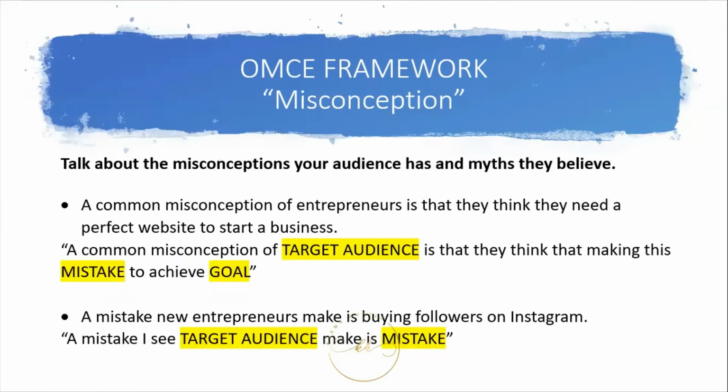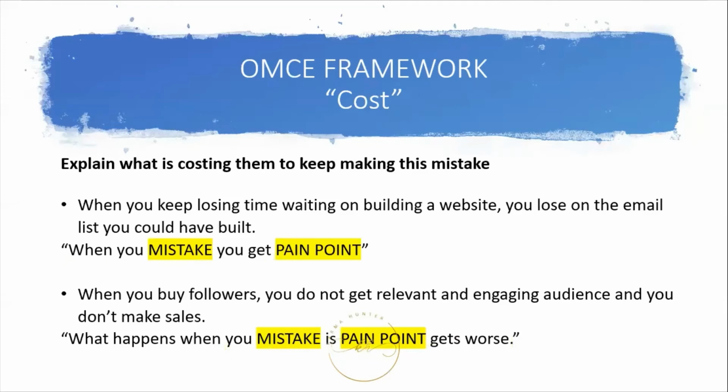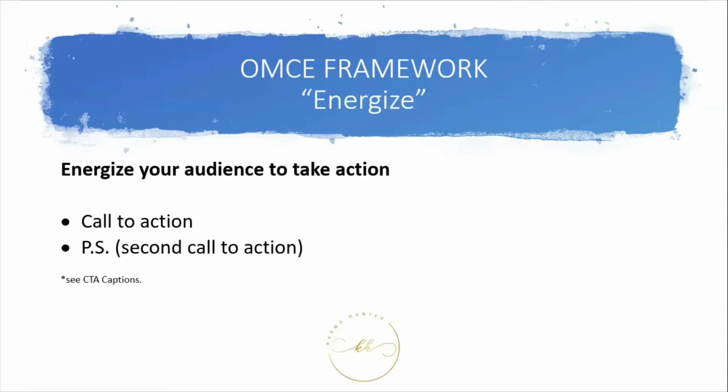A common misconception of entrepreneurs is that they think they need a perfect website to start a business. When you keep losing time waiting on building a website, you lose on the email list you could have built. So it makes more sense now, right? And then you're going to continue on some more, build a few more sentences, maybe some bullet points, and keep going until you get to the energize portion of your caption, which is the call to action portion.